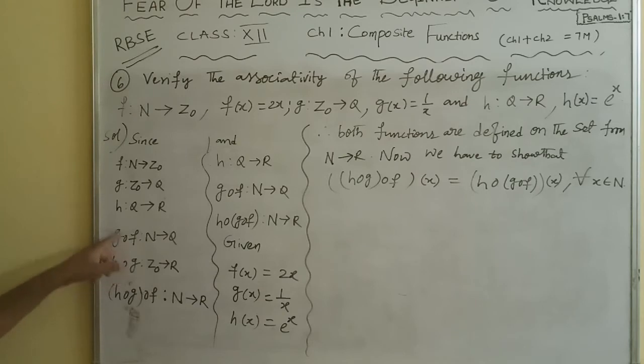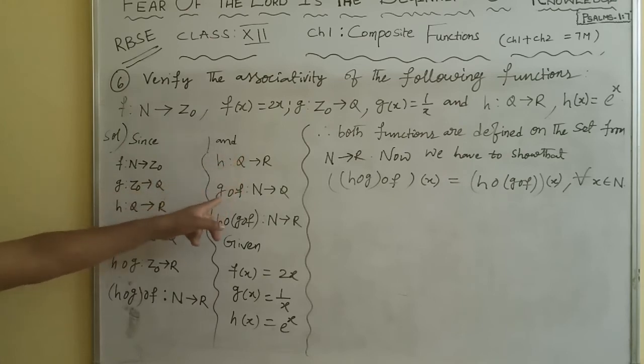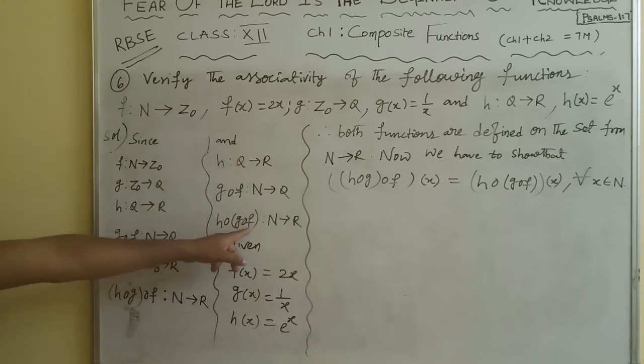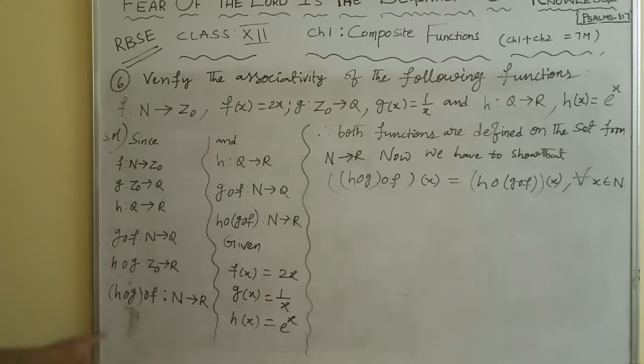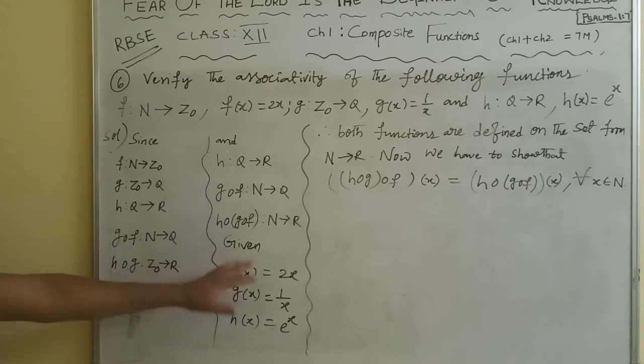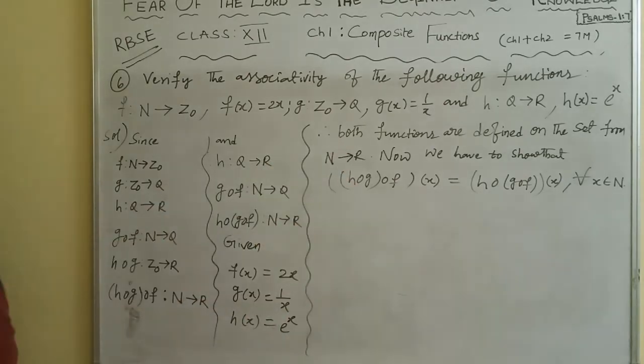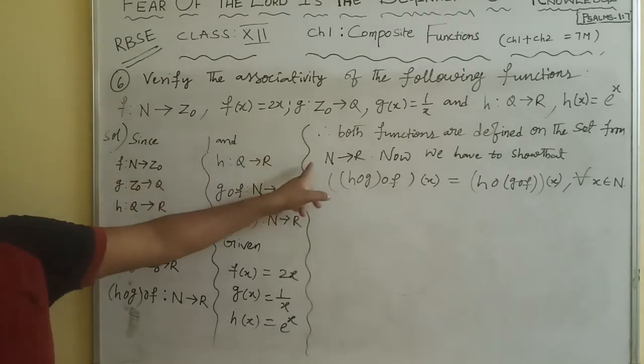Now what is in this place? g circle f is nothing but natural numbers to Q. In the same manner, h circle g is nothing but Z naught to R. Now h circle g circle f means it should be N to R. So now by the same method I wrote the remaining also, that is h is Q to R and g circle f is N to Q, and h circle g circle f is N to R. From this what you observed, h circle g circle f is N to R on both sides. So the function is defined, and both functions are defined on the set from natural numbers to the real numbers.